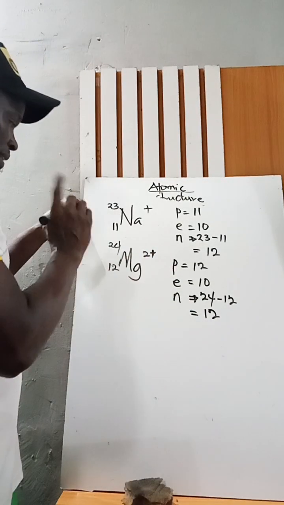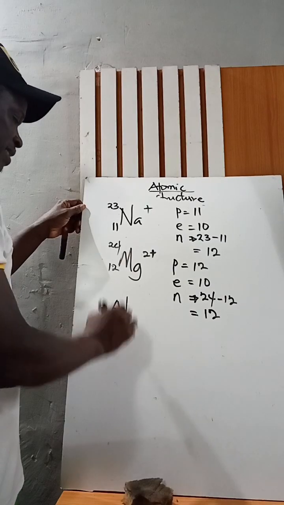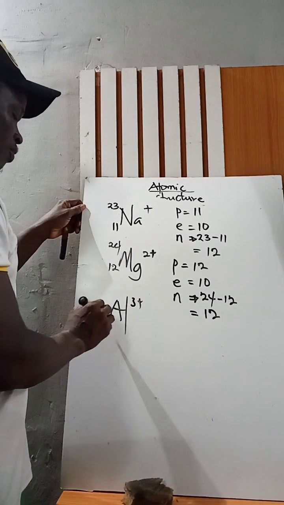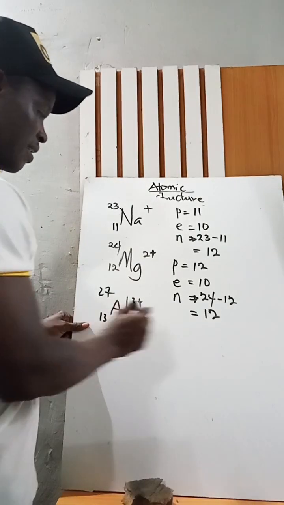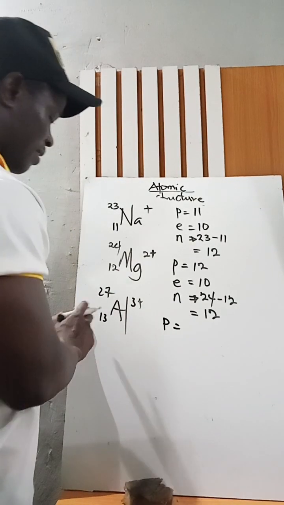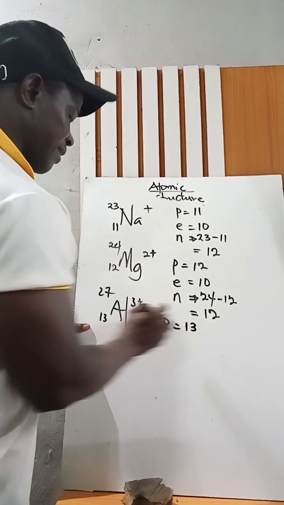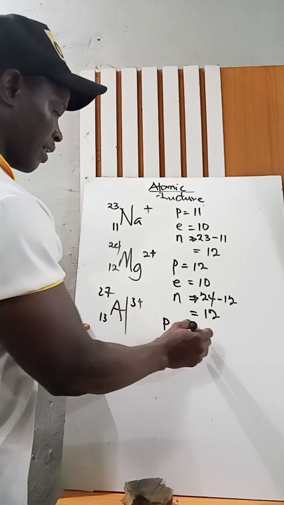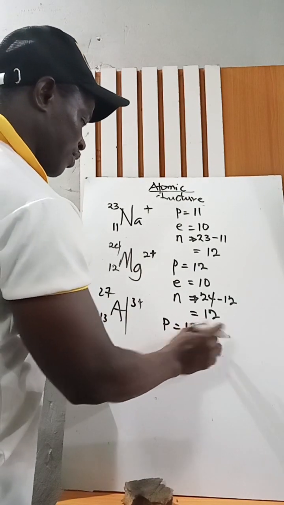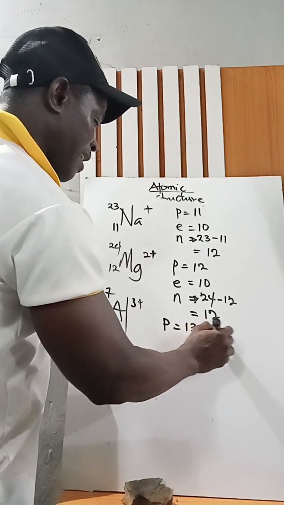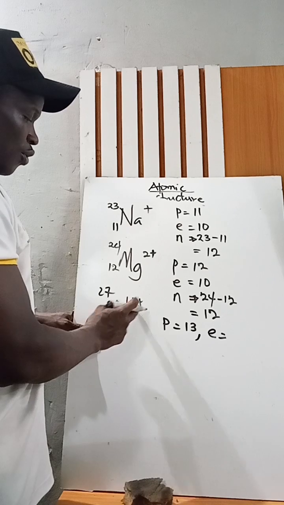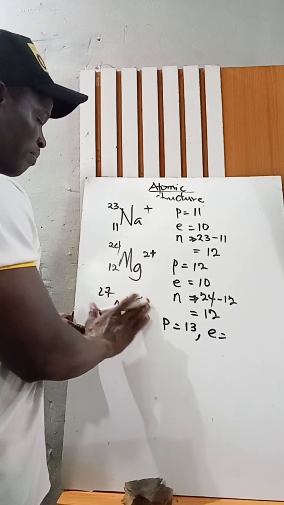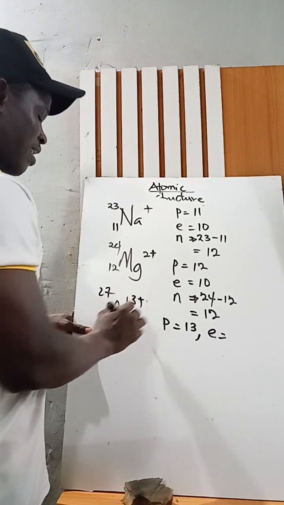No problem. Now, let's squeeze in this. This is aluminium, 13 and 27. Let's look at the proton number. The proton is 13. It does not change. The electron here is losing 3 electrons. So, 3 plus, is losing 3 electrons.